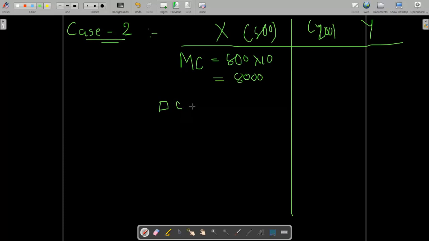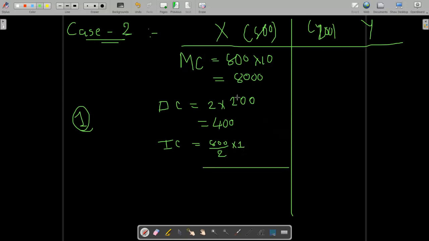Downtime cost, that is 2 hours. Again, the downtime per hour is 200 rupees. So downtime cost is 400 rupees. And inventory cost, that is 1 rupee we have already found. But here total quantity, instead of 1000, we have 800. 800 by 2 and 1 rupee. So do the sum: 8,000, 400 plus 400, 8,800 rupees.